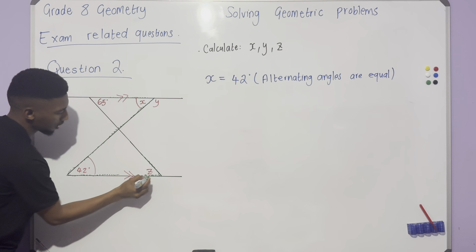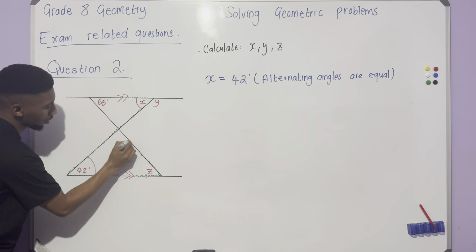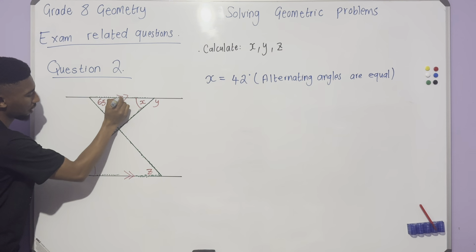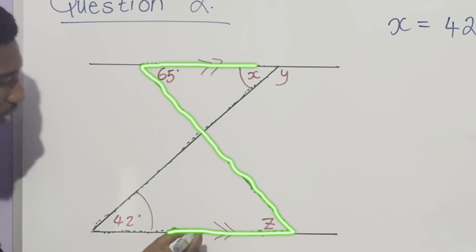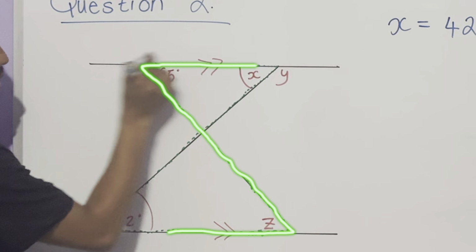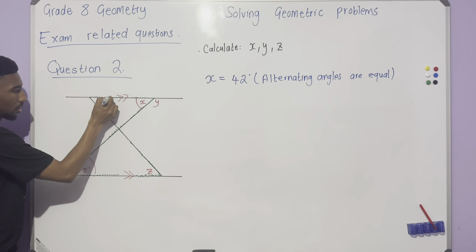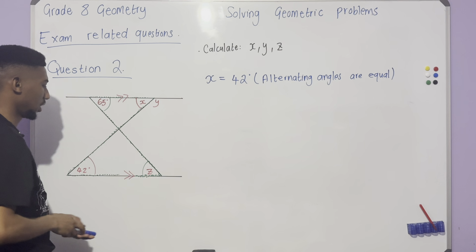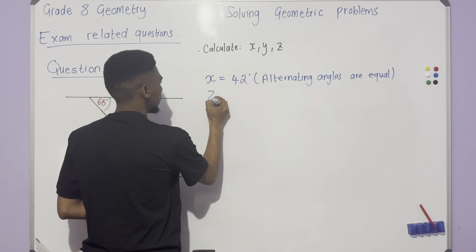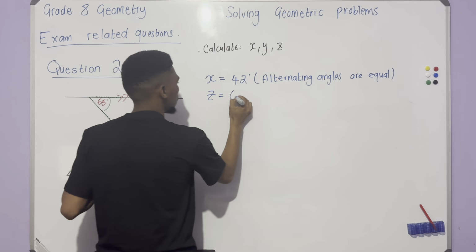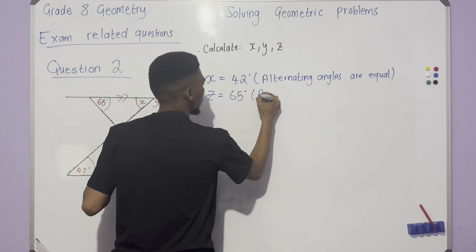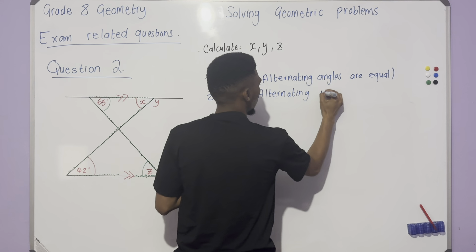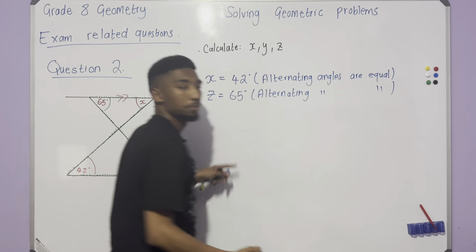If we follow this line all the way to an angle that we know, which is 65, we can see that it's forming a Z as well. So then that angle is equal to that angle over there. So then z is equal to 65 degrees, and your reason is alternating angles are equal again.